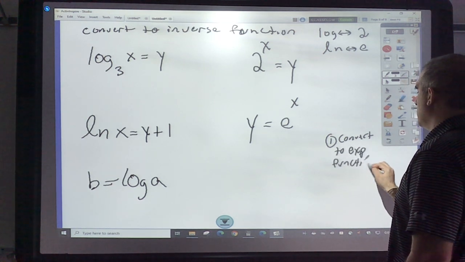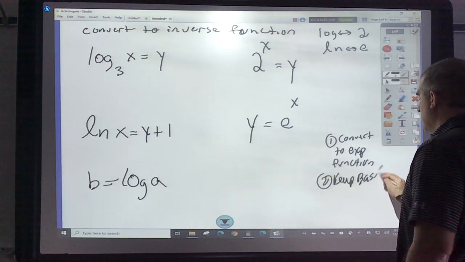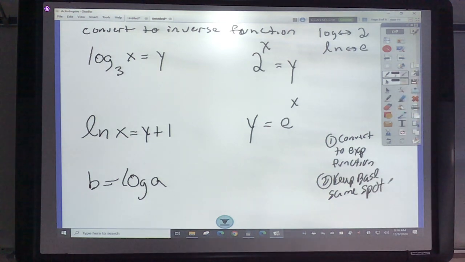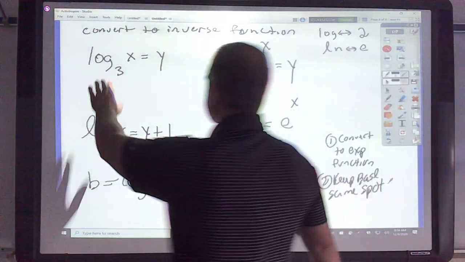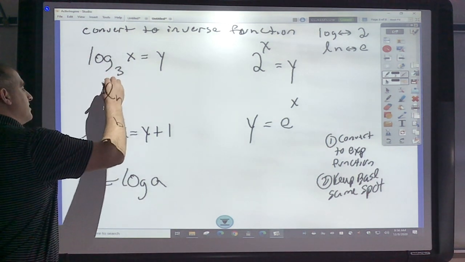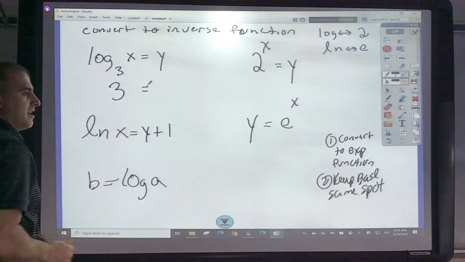You want to keep the base in the same spot. I know this is going to convert to the base of 3, so I want to keep that base. So that's going to convert to 3. I'm going to keep that on the same side of the equal sign.